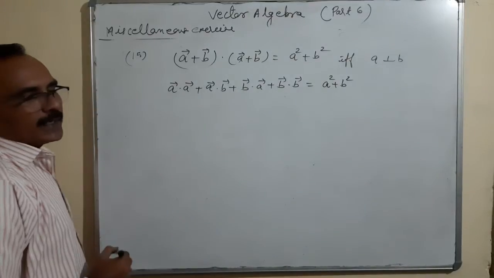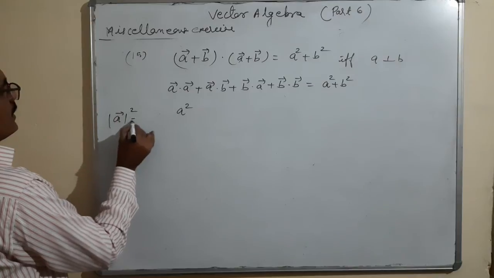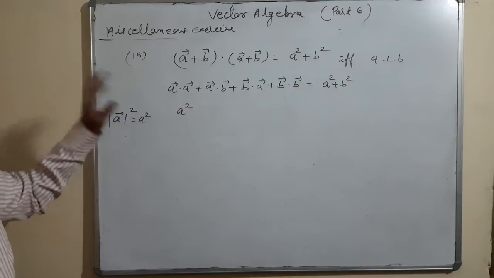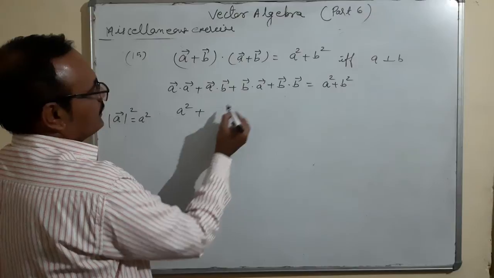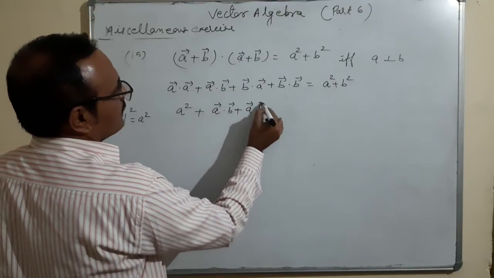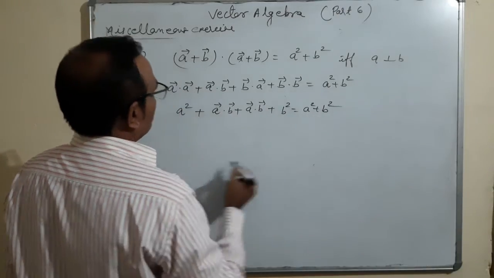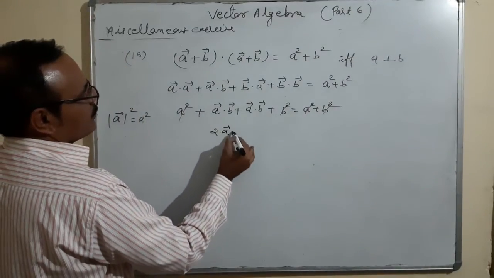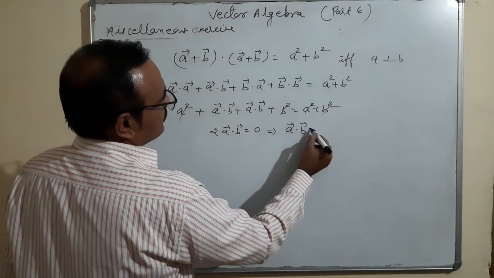So vector A dot vector A is A square, because it is the magnitude of the vector whole square. So A square plus A dot B plus B dot A, which are the same thing, vector A dot vector B, plus B dot B, which is B square, is equal to A square plus B square. So A square and B square will be cancelled. So 2 vector A dot B is equal to 0. This means vector A dot vector B is equal to 0.